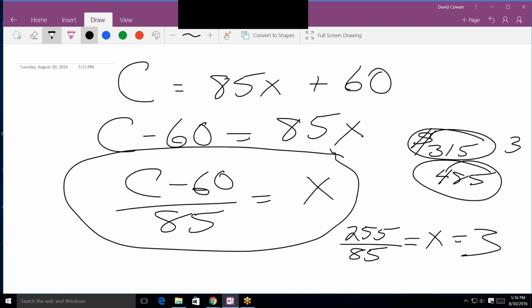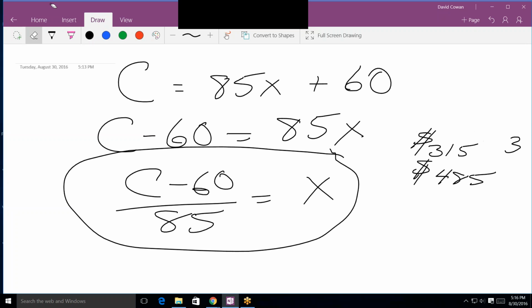Now if your total cost is $485, how many ski trips did you take? You did it way faster than me. A plus math. 425 divided by 85. Now, what do you know about the answer? It's going to be 5. What you know about the answer is it's a whole number, right?